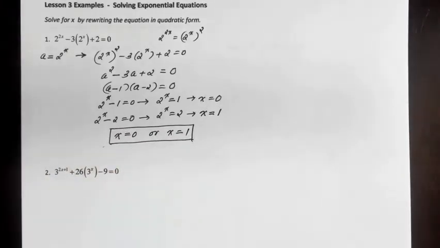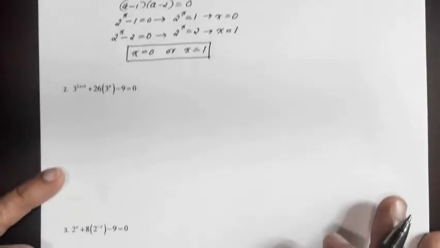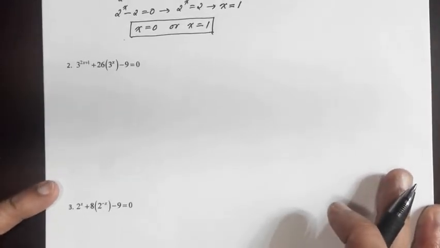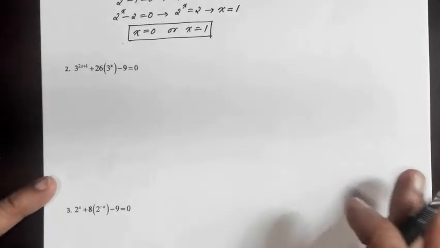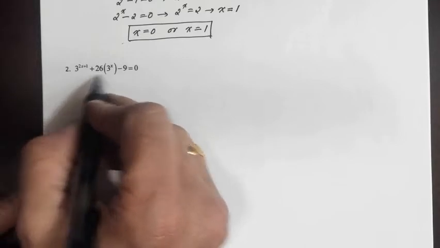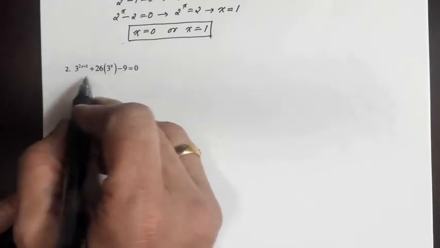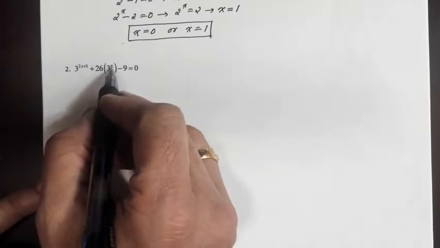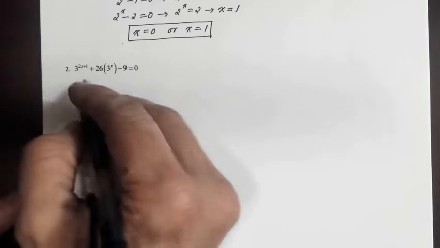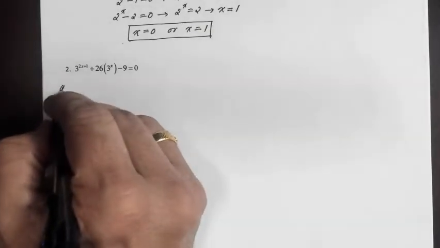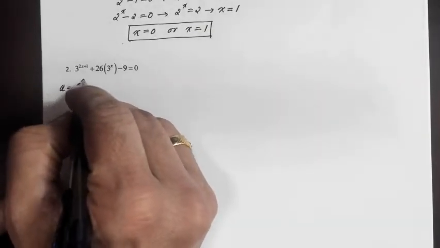Okay, now let's look at the second one. Here we have to make a substitution. Definitely this is again going to be a quadratic equation, so 3 to the power of x is going to be our substitution here. So let's put a is equal to 3 to the power of x.